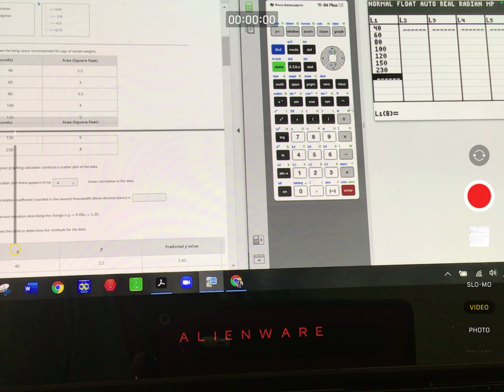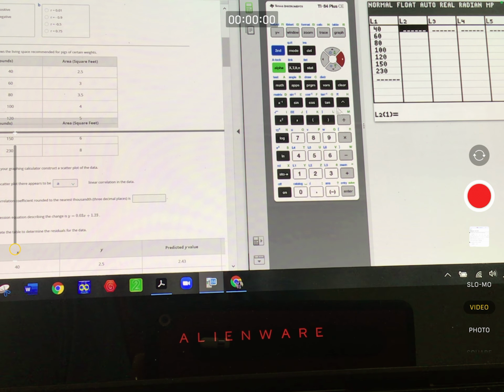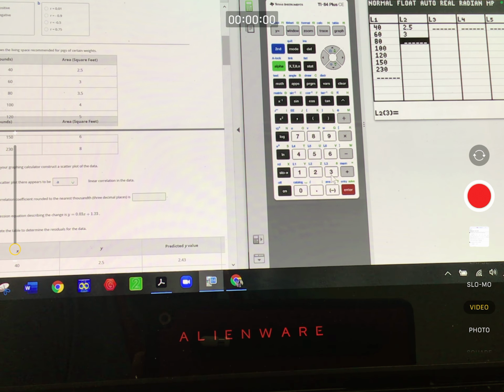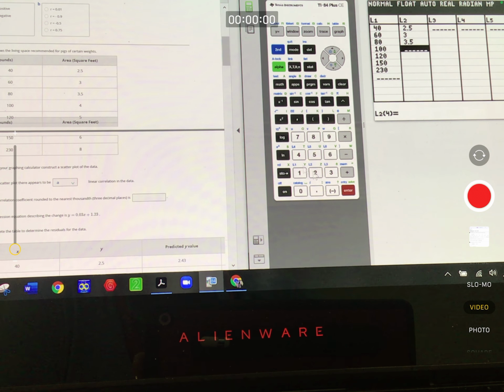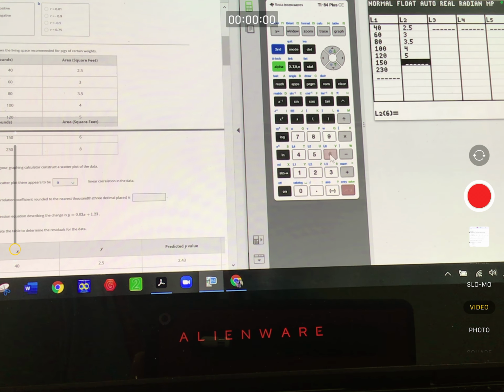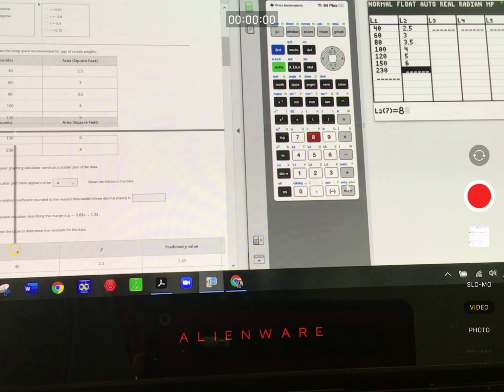And I'm going to plug in my L2: 2.5, 3, 3.5, 4, 5, 6, and 8.